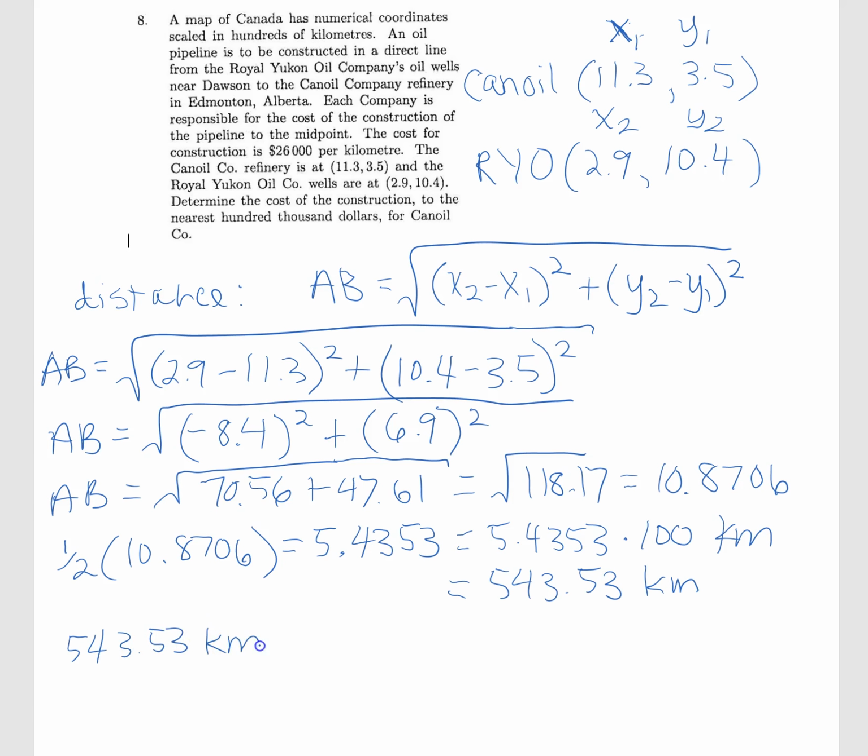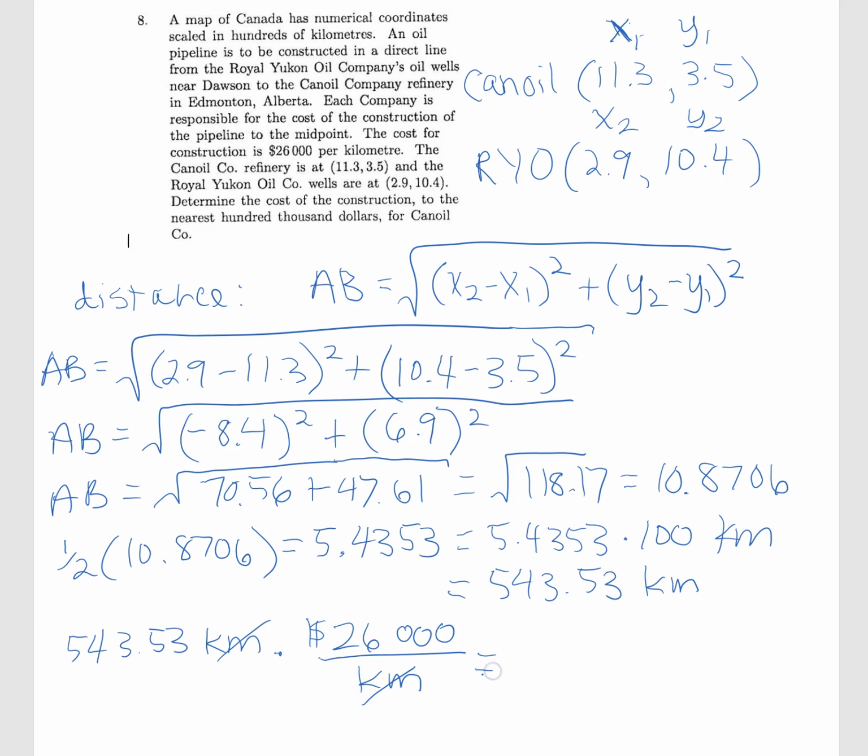So we just take that value in kilometers, and we know our conversion to dollars. They told us that $26,000 per kilometer is the price. I'll set that up that way so that my kilometers cancel out when I multiply.